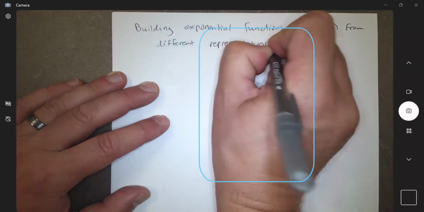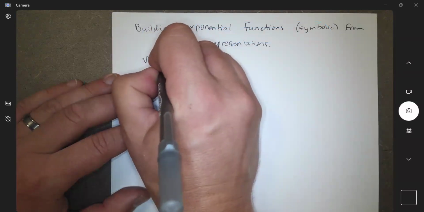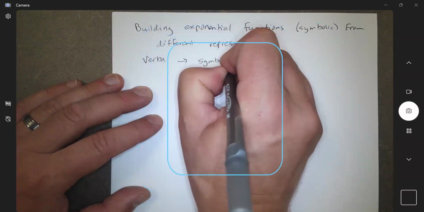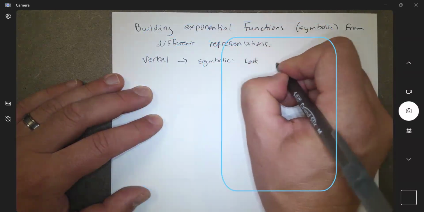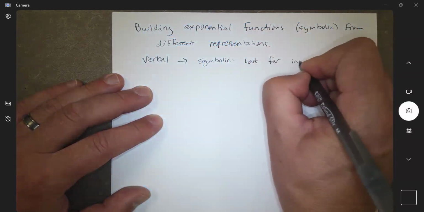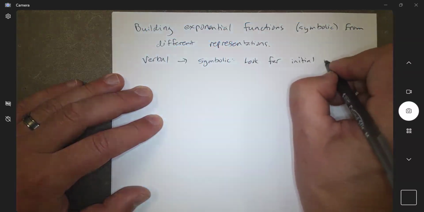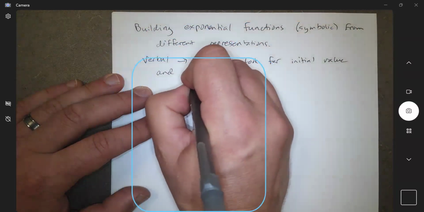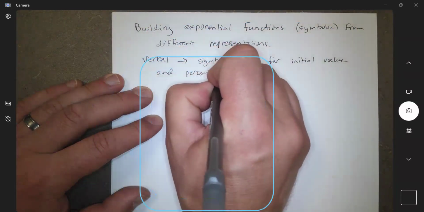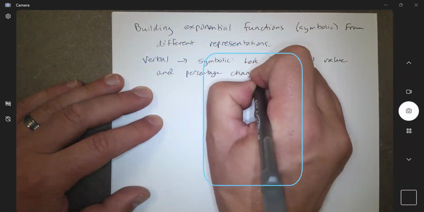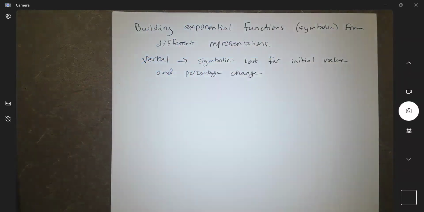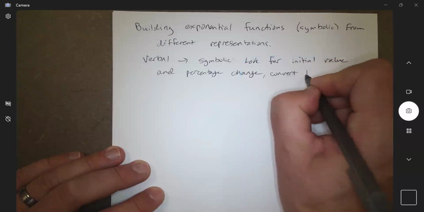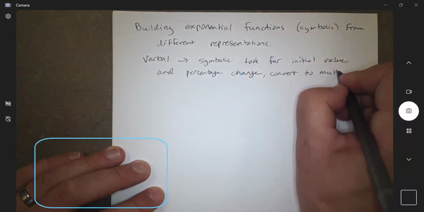We've already did this with verbal. Verbal to symbolic: you look for the initial value and the percentage change, which I've done, so I'm not going to do again, and convert to a multiplication factor.